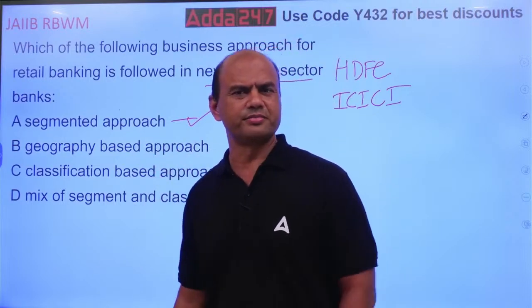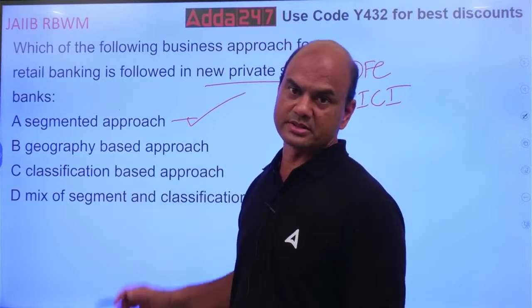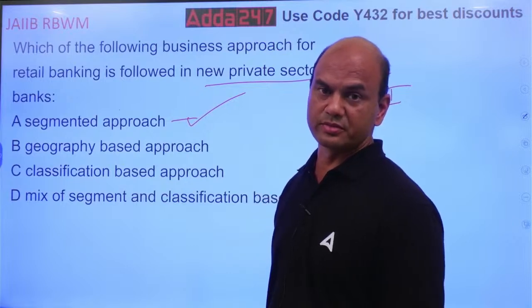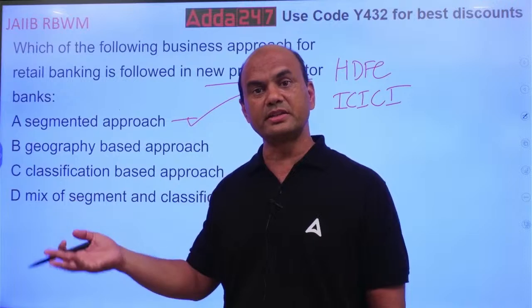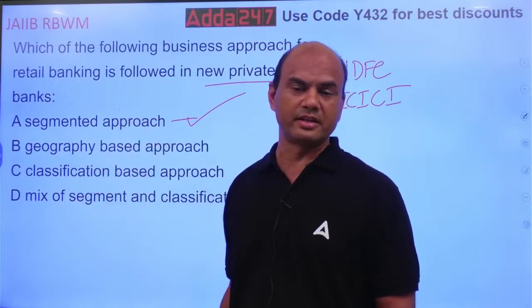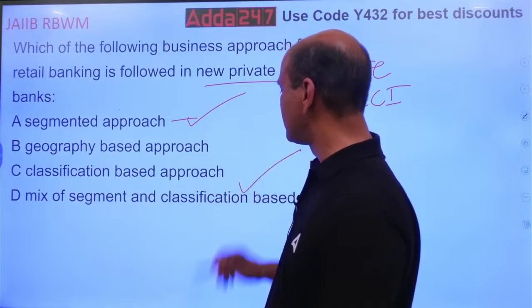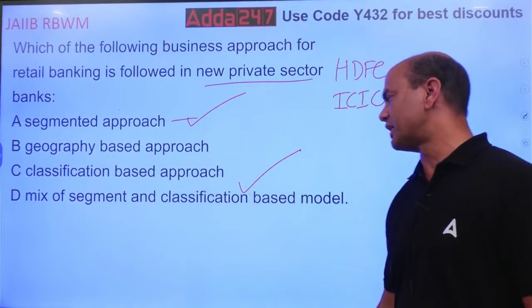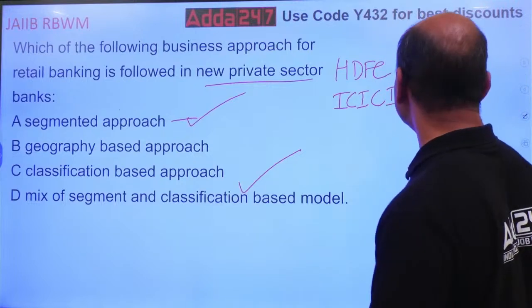Their concept is totally different. Classification based, yes, they do follow that also. Their general manager is sitting, their DGM is sitting, their zonal manager is sitting, like this. So it is a mix of segment and classification based model. Okay, it is a mix. Next.